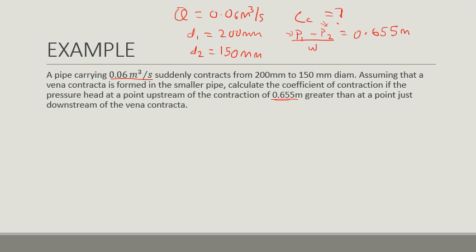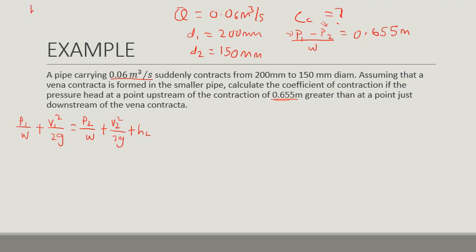So now let us write out Bernoulli's equation for both points. P1 over W plus V1 square over 2g is equal to P2 over W plus V2 square over 2g plus the head loss due to contraction.